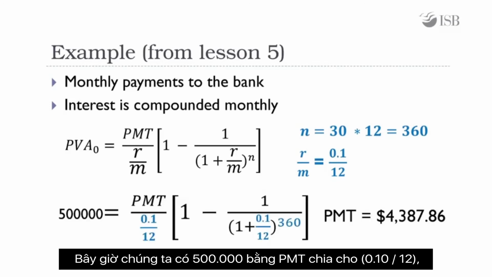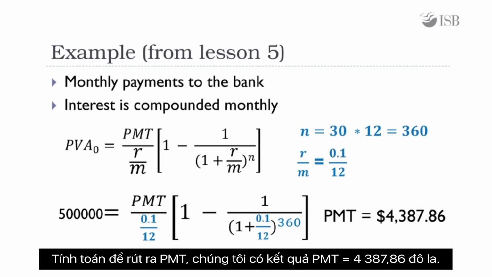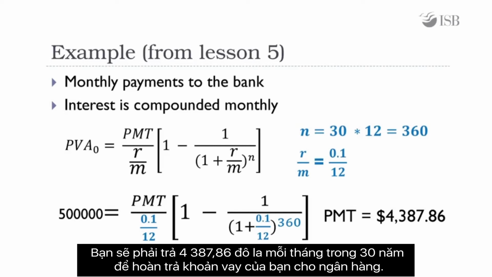We now have 500,000 equals PMT divided by 0.10 over 12 times (1 minus 1 over (1 plus 0.10 divided by 12), the whole raised to the power of 360). Solving for PMT, we get $4,387.86. You will pay $4,387.86 every month for 30 years to repay your loan to the bank.